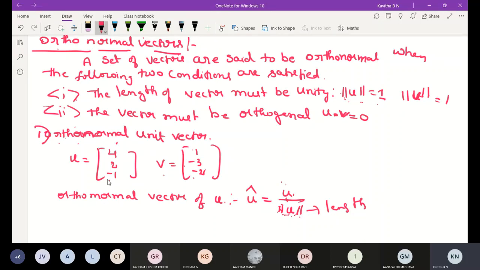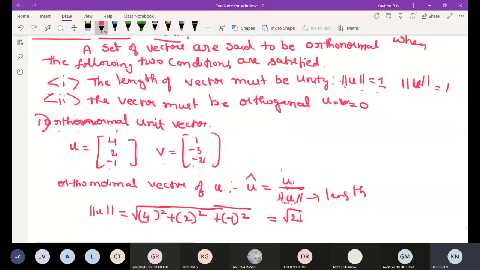First we need to find the length of vector u: square root of 4 squared plus 2 squared plus (-1) squared. Simplify: 16 plus 4 plus 1, that is 21, square root of 21.